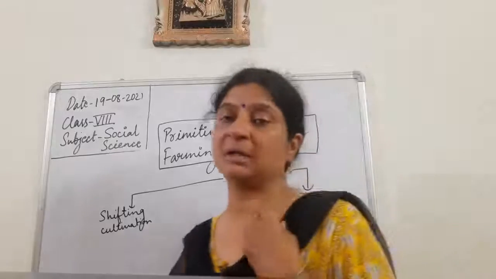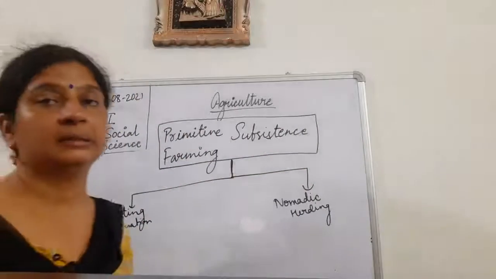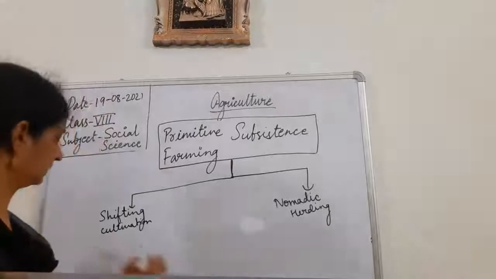And one more name is given to this shifting cultivation, and that is slash and burn agriculture.